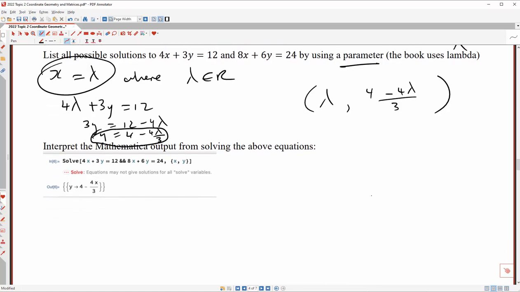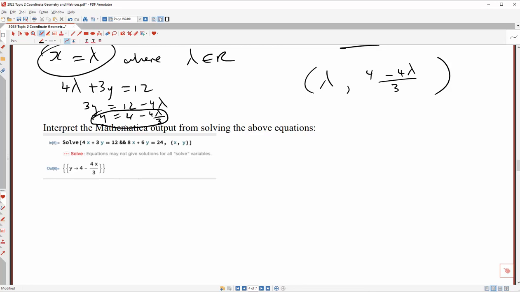Now Mathematica produces some interesting output for these ones here. So you can see here I've run a solve for the 2 equations, and Mathematica has given me this as a solution. y is equal to 4 take away 4x on 3. And so they don't use lambda, they just give the y solution in terms of x.